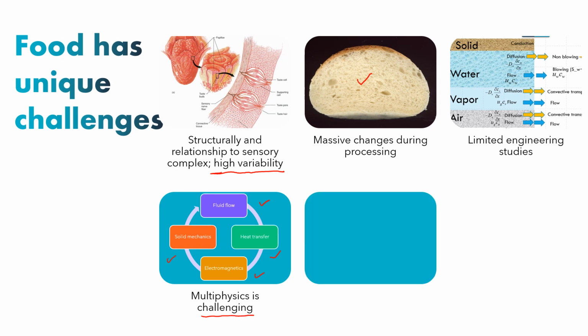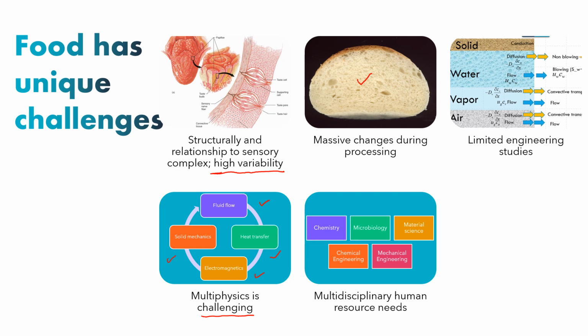Another aspect is understanding food requires multidisciplinary human resources. For example, we need chemistry knowledge, we need microbiology, we need material science, and so on. So that also makes things complex.